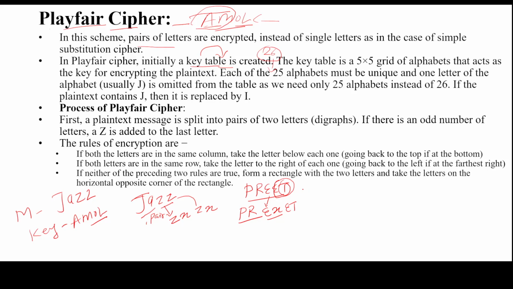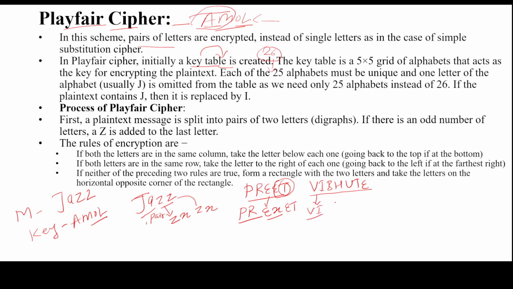Okay. One more example we will take. Let's consider we are having one message which has an odd number of letters. Okay, V I B H U T E. This is the original message having an odd number of letters. So firstly we will make pairs.